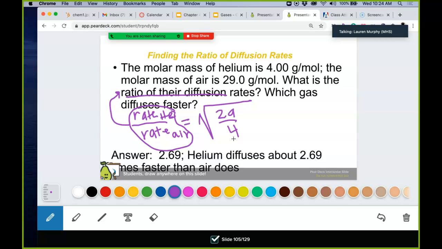So 29 divided by 4, and then don't forget to square root. So 2.69 over 1. What does that mean? Helium diffuses or effuses 2.69 times faster than air because it is lighter than air, so it can move more quickly. Questions?